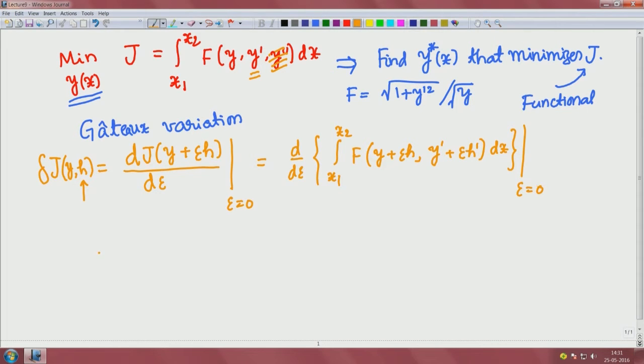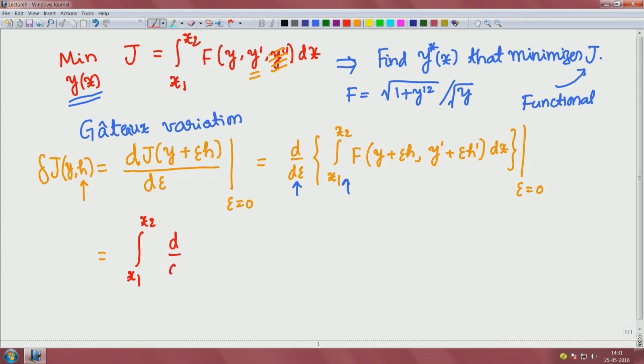Now, we said that we can interchange the operations of differentiation and integration, okay, that we can do when these limits are not affected by this parameter. Okay. If we do this, then it will become integral x1 to x2.